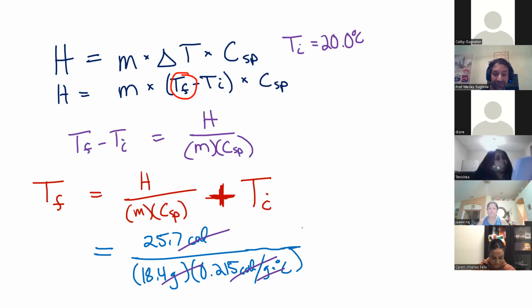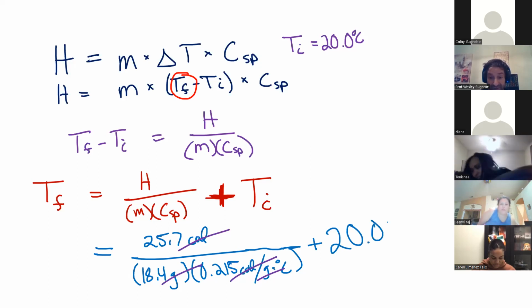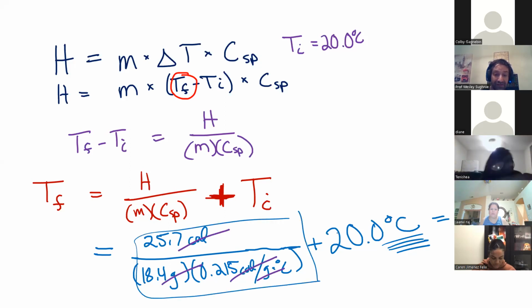And see, if you see something that doesn't look right, please let me know, like you just did. Thank you for doing that, okay? So it should be plus 20.0 degrees C is equal to squiggle degrees C. That's another way that you know that your answer had better end in degrees C, and that everything in this should cancel out to degrees C, because you can't add together things that have different units. So thank you. All right, anything else, guys?